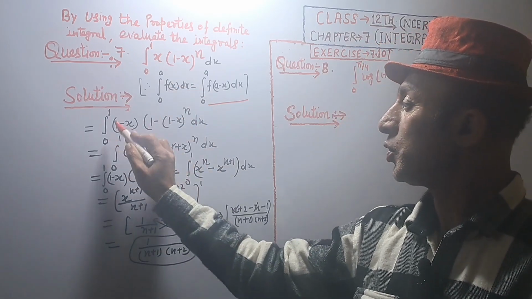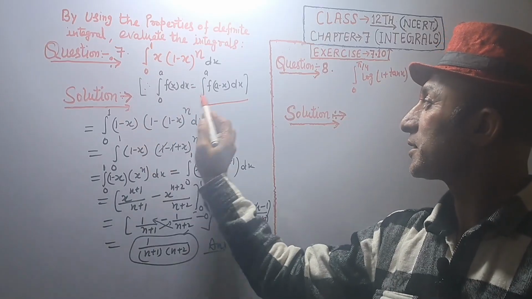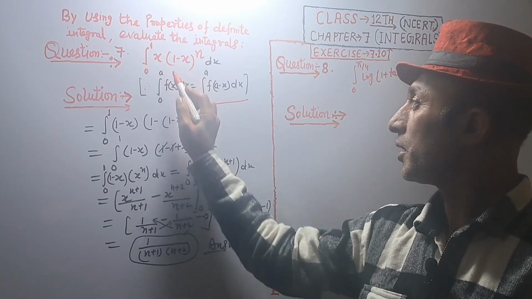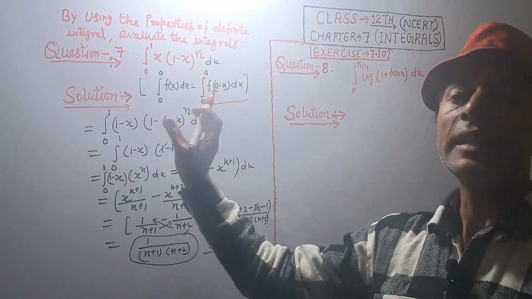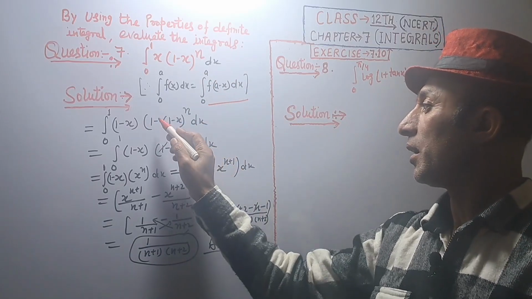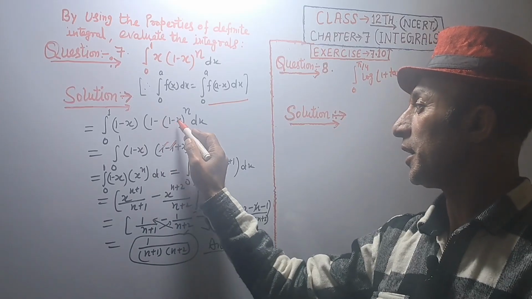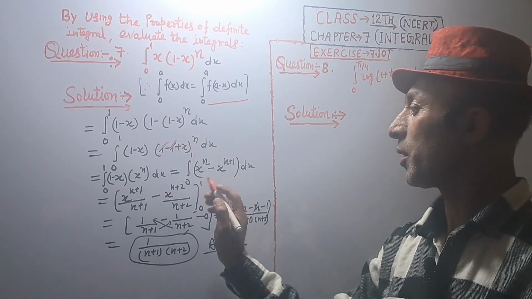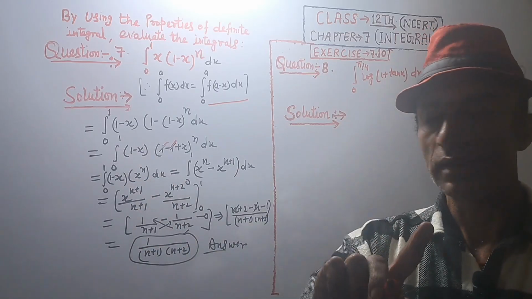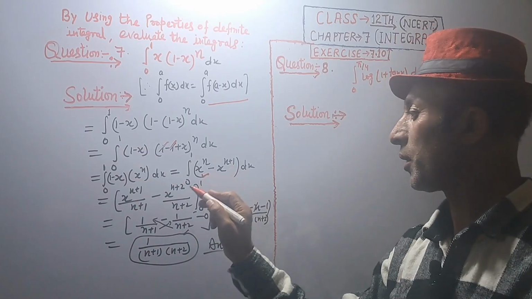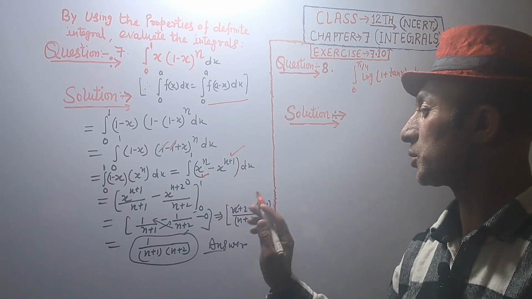Then limit 0 to 1, a is 1, so 1 minus x in bracket, and 1 minus (1 minus x) raised to power n. Minus 1 plus 1 is cancelled, and minus becomes plus x raised to power n. Multiplying, x raised to power n into 1 is x raised to power n, and x raised to power n into x is x raised to power n plus 1.